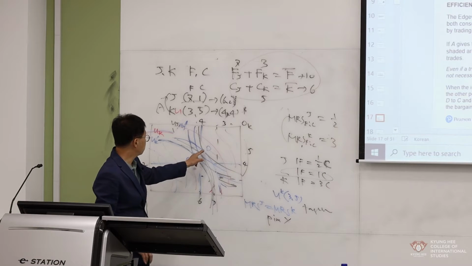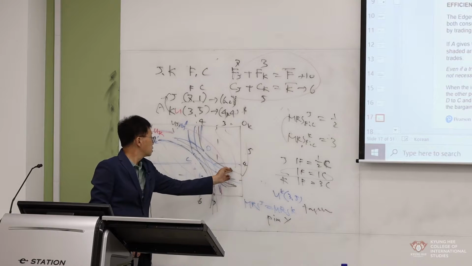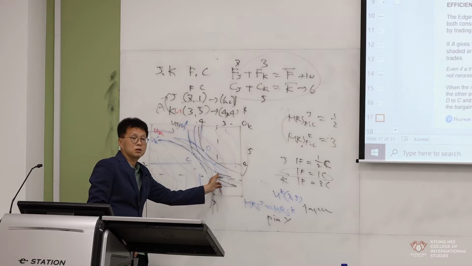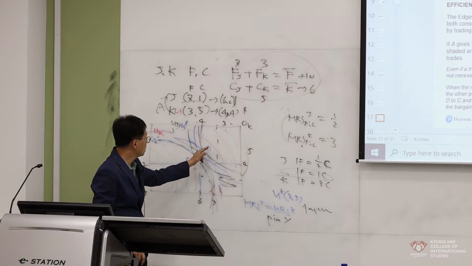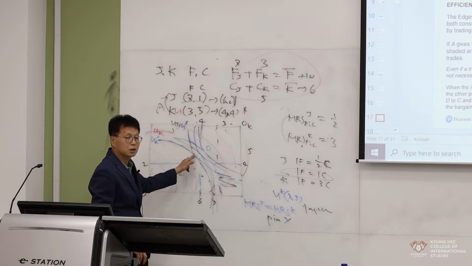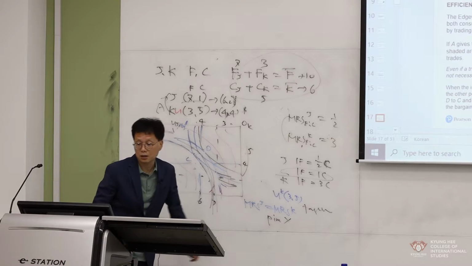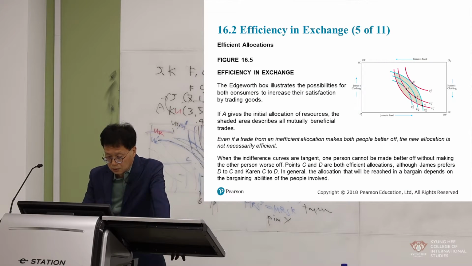But James prefers point D. At this point, James' indifference curve is higher than his utility at point C. So James prefers D, Karen prefers C. Anyway, at C and D, this condition is satisfied. In general, the allocation that will be reached in a bargain depends on the bargaining abilities of the people involved.